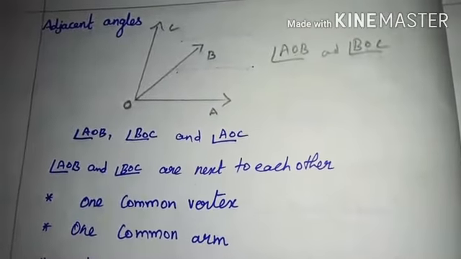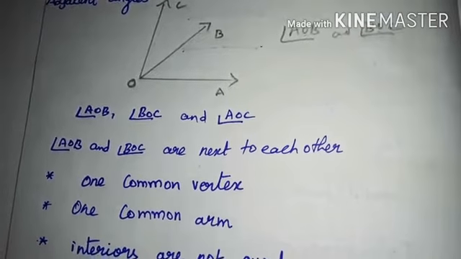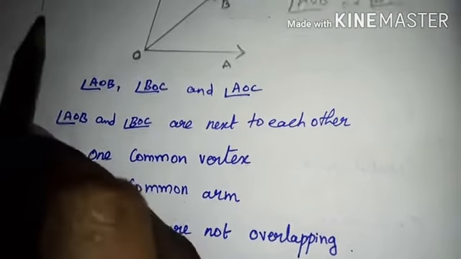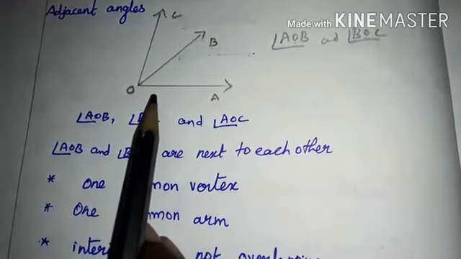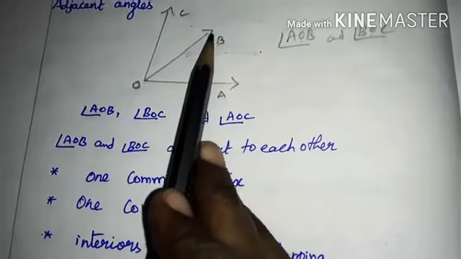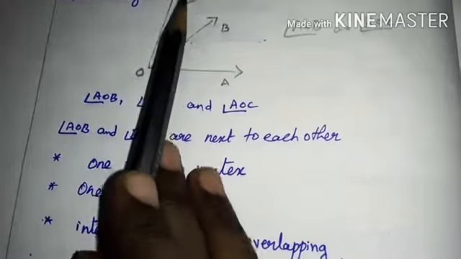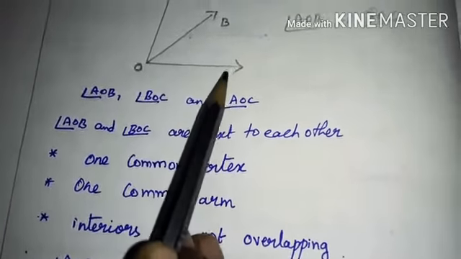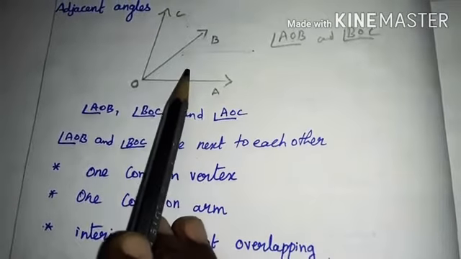Now we are going to see a pair of angles formed by intersecting lines. The first one is adjacent angles. Now let's see this figure. In this figure we have three angles, that is AOB, BOC and angle AOC. From these three angles, AOB and BOC lie next to each other.